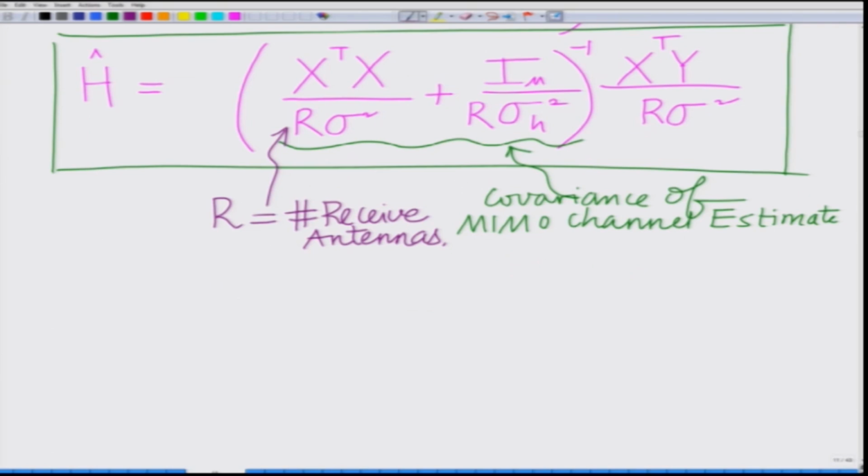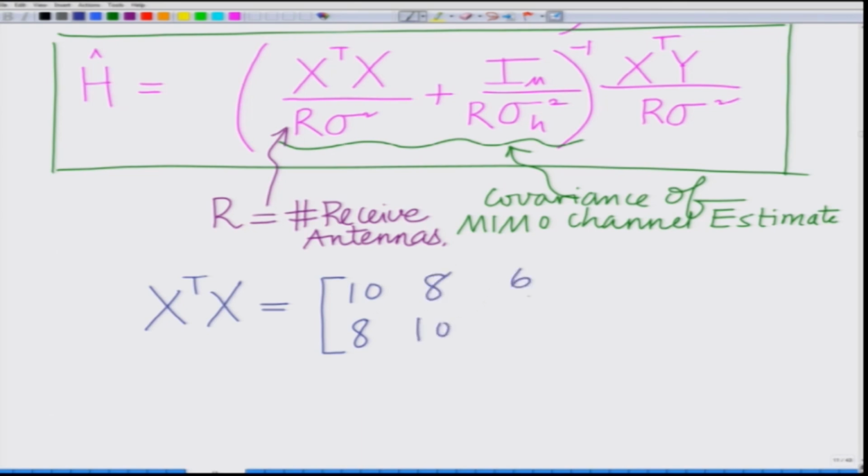Now, let us start computing each of these quantities. Let us start by computing x transpose x. X transpose is the transpose of x: you take x, make the rows into columns and columns into rows.